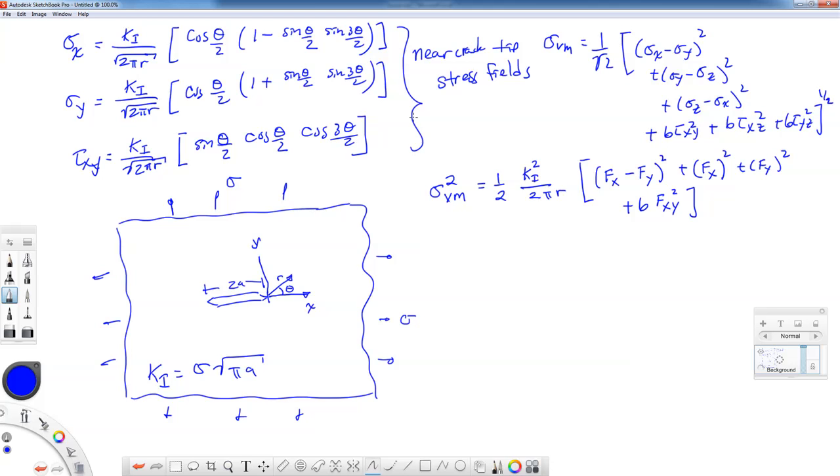But what we're going to do is for a given cracked geometry, we know our K1 is equal to sigma square root pi a. We're going to use 100 megapascals, and we're going to use 10 millimeters for the crack length. We can rearrange this formula and solve for a particular von Mises stress contour level. So if I flip this around, I'm going to solve for r.